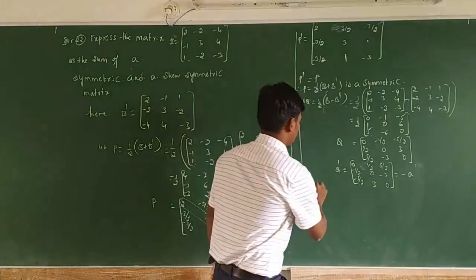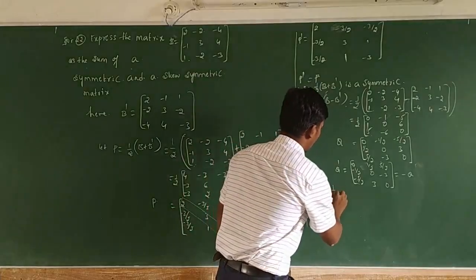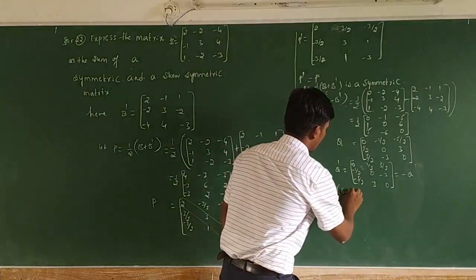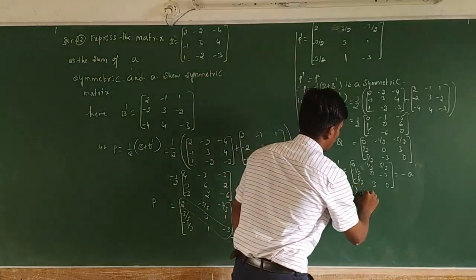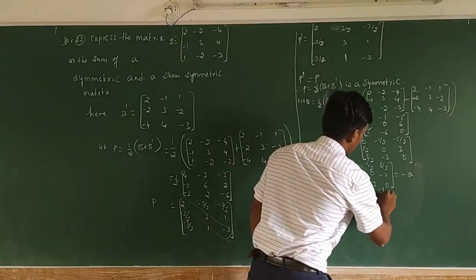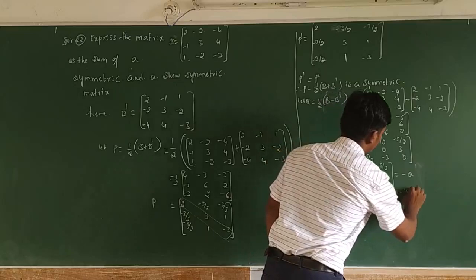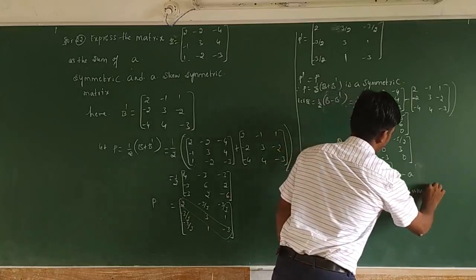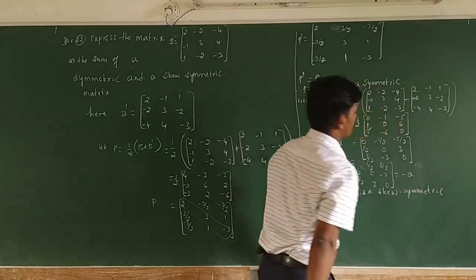So therefore Q is equal to 1/2 into B minus B transpose is a skew symmetric matrix.